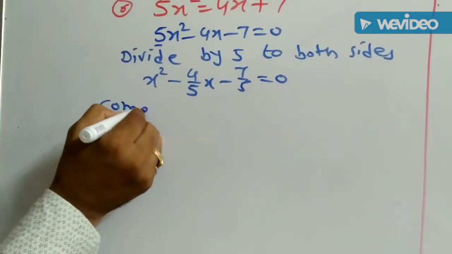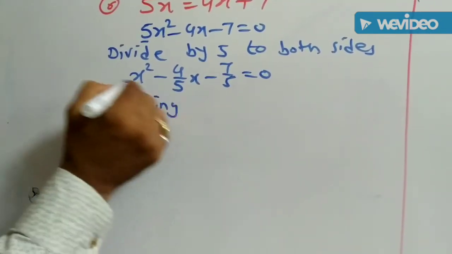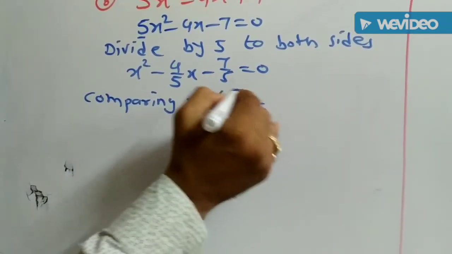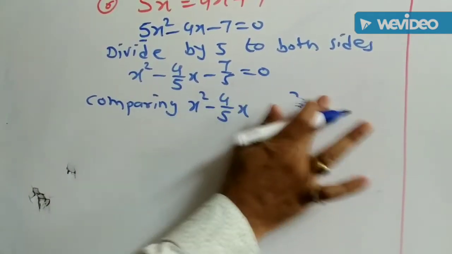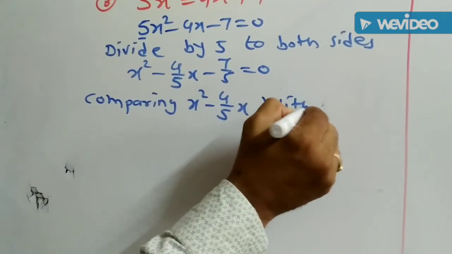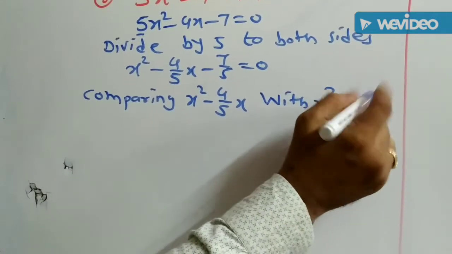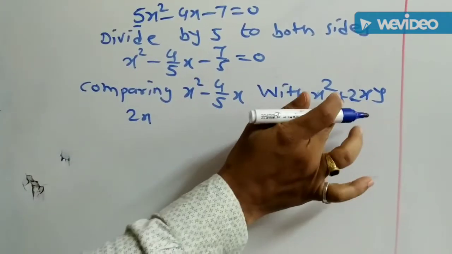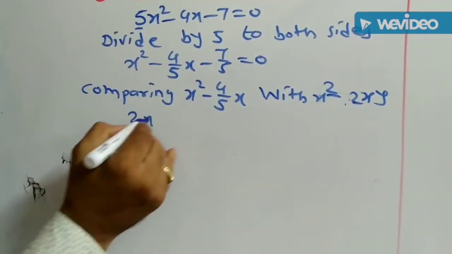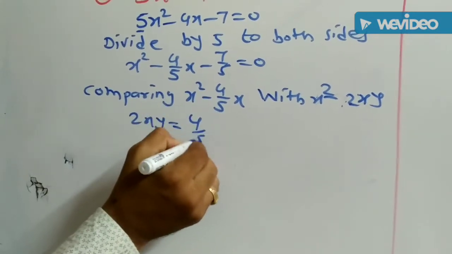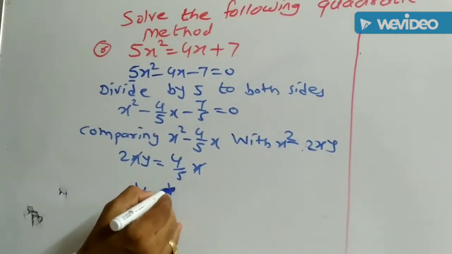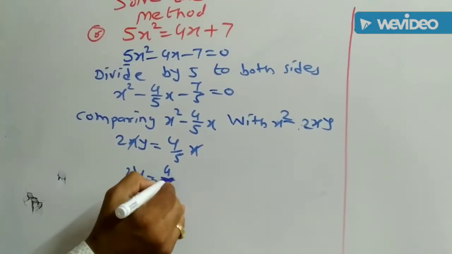Now to find the third term, compare the first two terms of the LHS, x square minus 4 upon 5x, with x square plus 2xy. Then we get 2xy, here minus because minus is given, 2xy is equal to 4 upon 5x, x gets cancelled, 2y is equal to 4 upon 5.